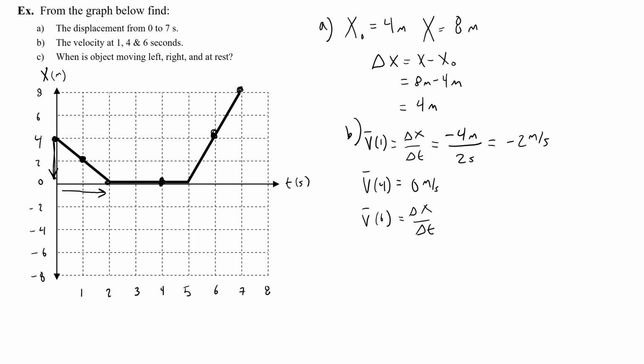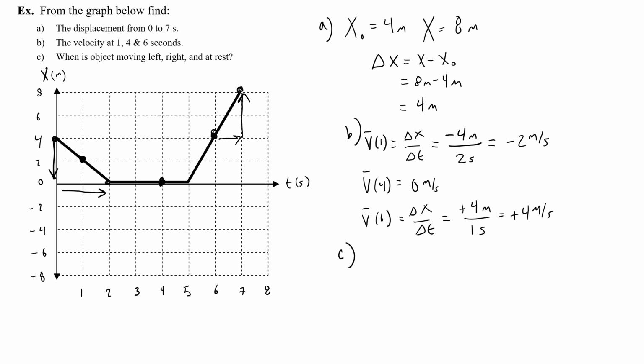So the rise is a positive 2 boxes, but remember it's going up from 4 to 8. So that would be plus 4 meters. And then the run just goes over 1 second, so divided by 1 second. So my positive velocity is 4 meters per second.